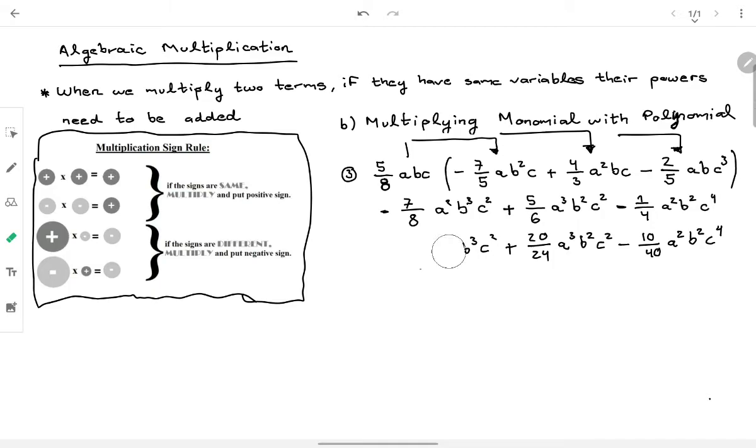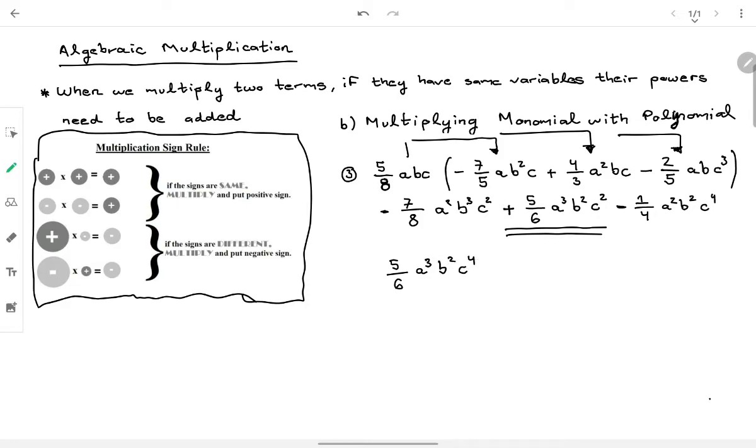So I will erase this part. So the last step is that we are going to need to put the answer in order. In this case, we will start with this one because in alphabetical and descending order of powers, it's first a cubed, then a squared. So it will be 5/6 of a cubed, b squared, c to the fourth.